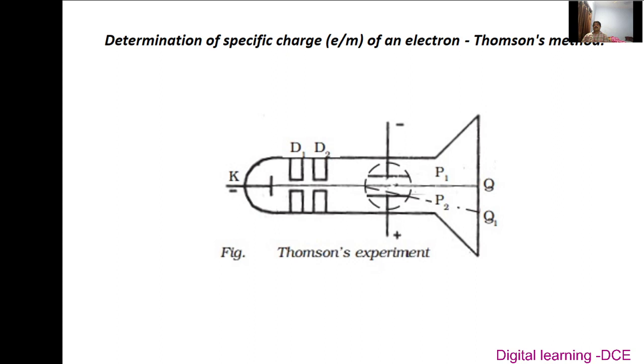Today I am going to explain the determination of specific charge of an electron. In the previous class we discussed the principle and the experimental arrangement to determine the specific charge of an electron. You know that in this experiment, the electron is first subjected to a known electric field and the corresponding deflection is measured.